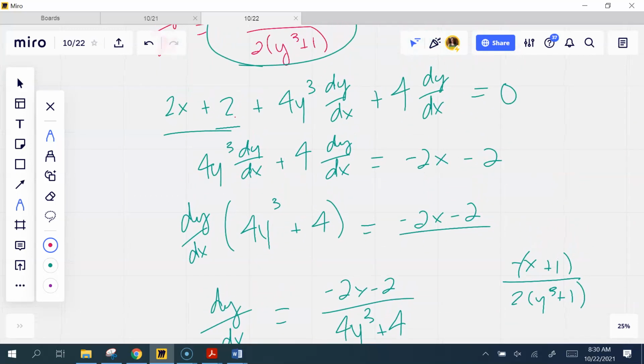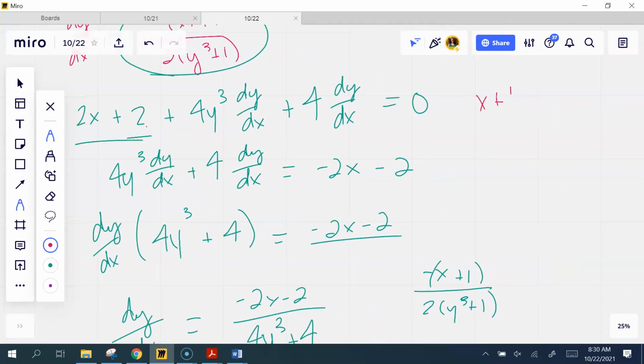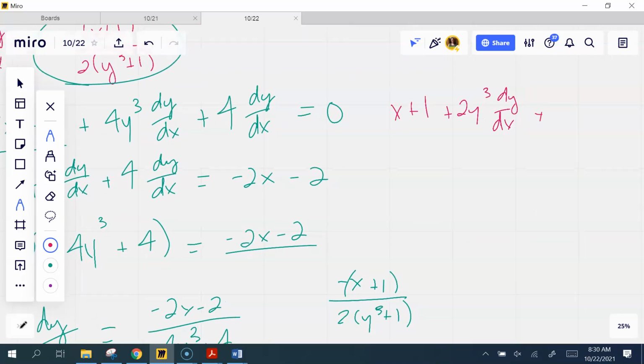Which whole chunk? And you could have at that point. But if you factored out a 2 at that point, then you'd have (x plus 1) plus 2y cubed dy/dx plus 2 dy/dx equals 0.